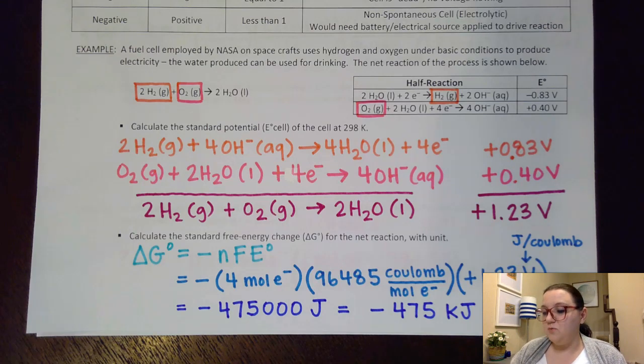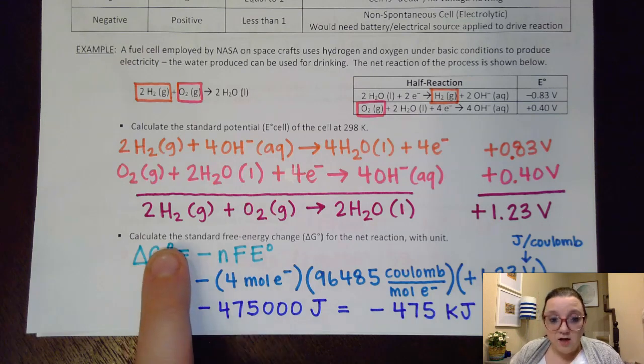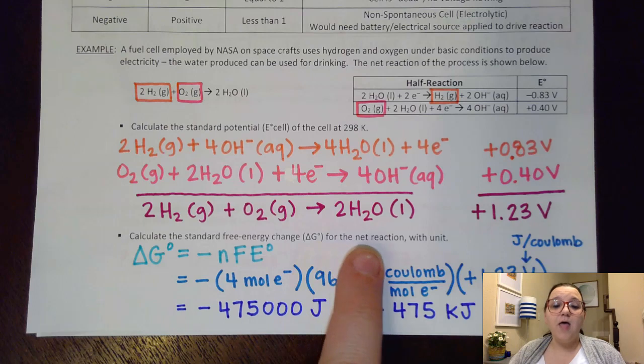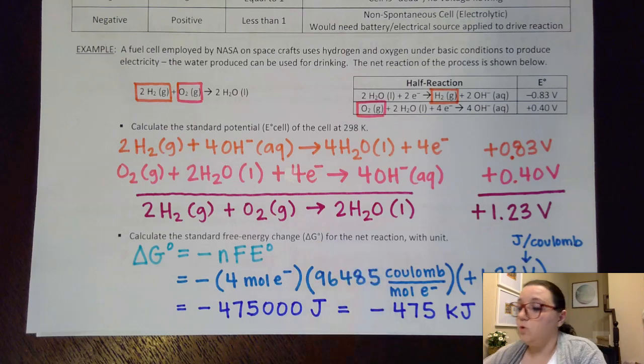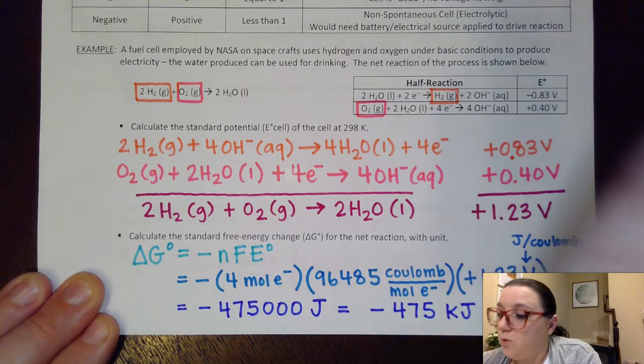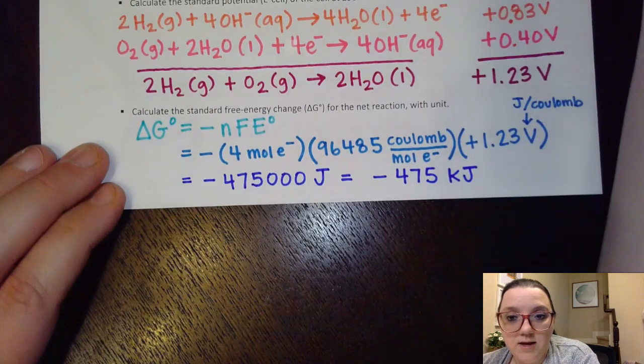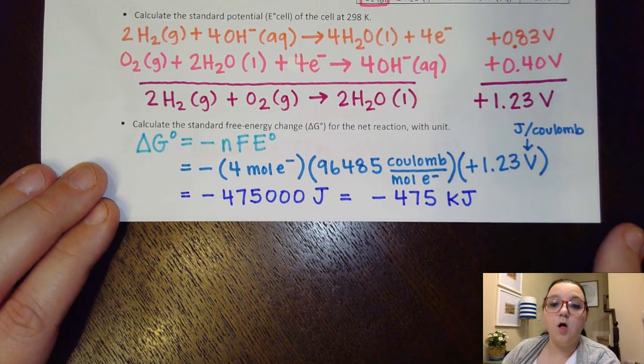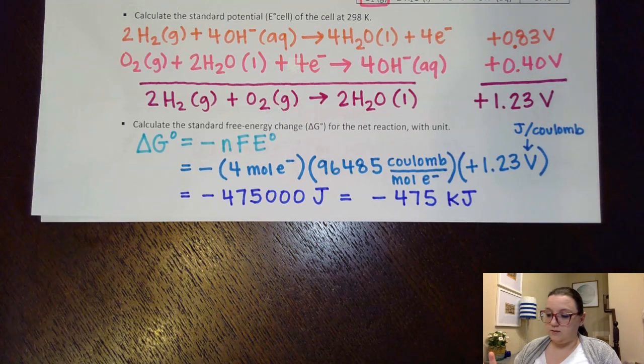So the next thing they want us to do is to actually calculate our free energy change, our delta G, for that net reaction. And so this is where I'm going to use our new equation to do so. Now, when I plug into this equation here, I've got to be very, very careful on units, as always, okay?